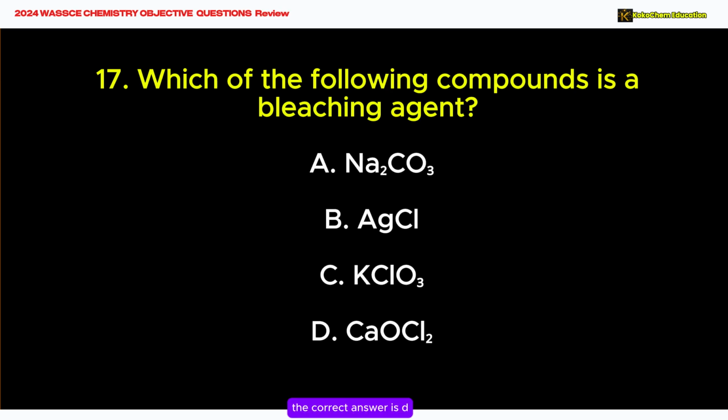The correct answer is D. Explanation: calcium oxychloride, CaOCl2, is commonly known as bleaching powder and is used in water treatment and sanitation.